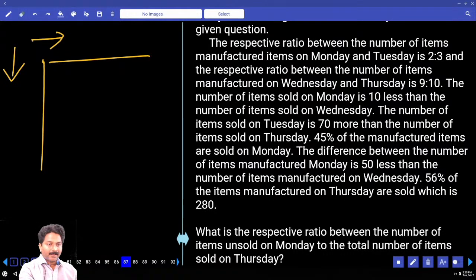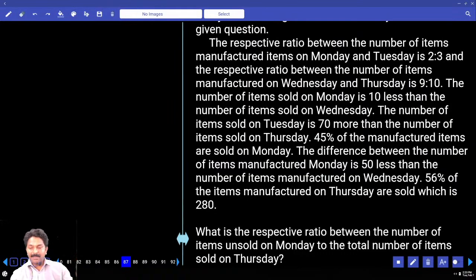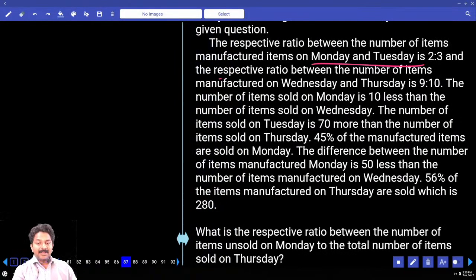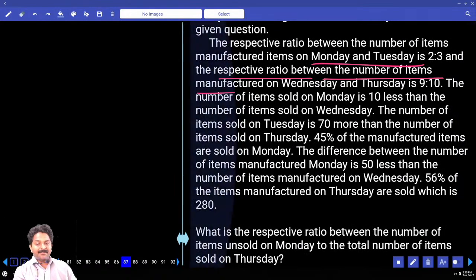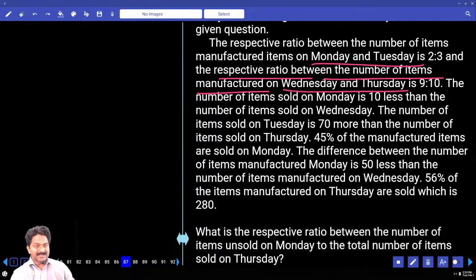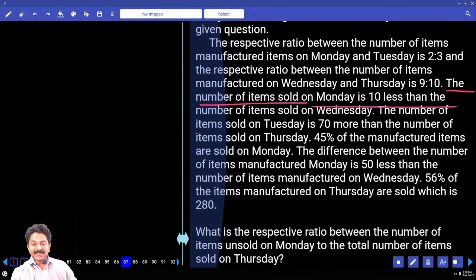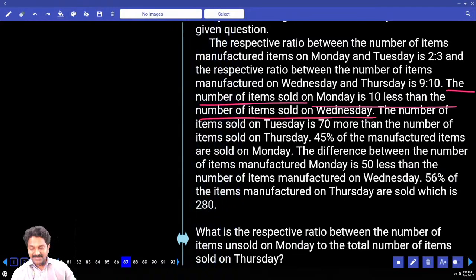Continue reading. They are talking about manufactured items on Monday, Tuesday, ratio mentioned. Again the ratio between items manufactured on Wednesday and Thursday. Right, only manufactured we have Monday, Tuesday, Wednesday, Thursday, separate ratios. Then the number of items sold: the number sold on Monday is 10 less than the number sold on Wednesday.